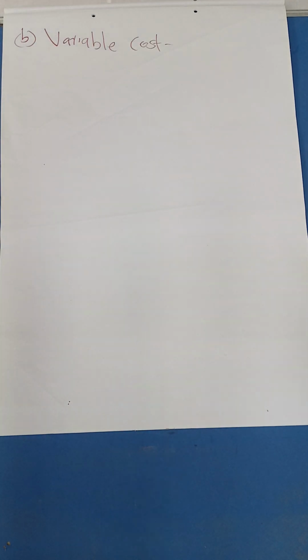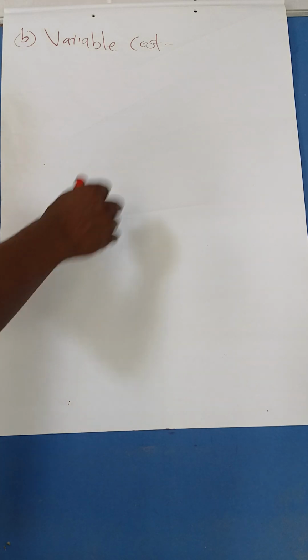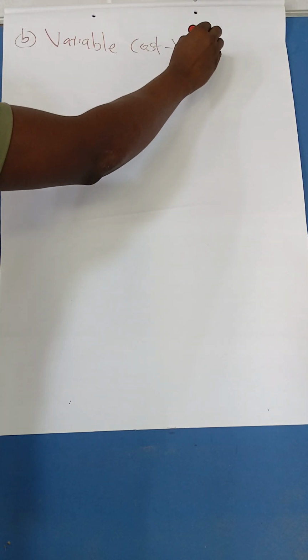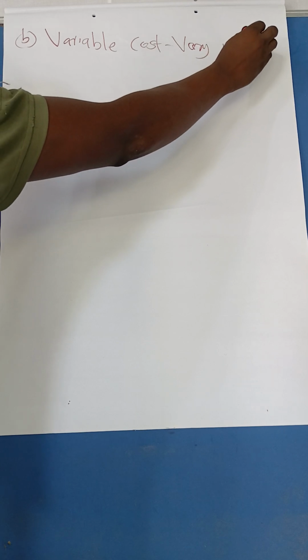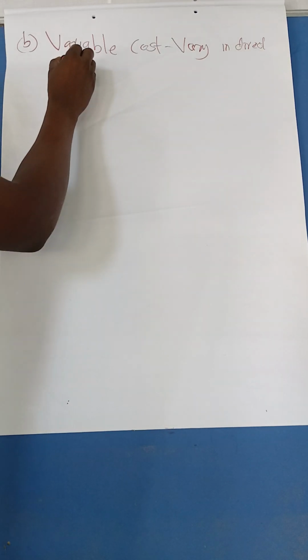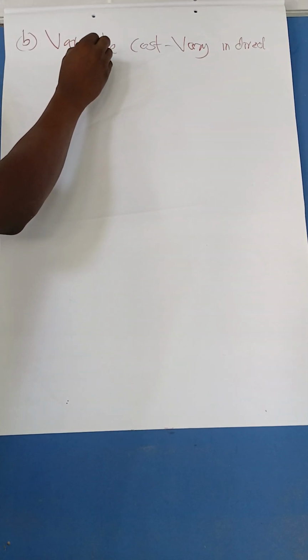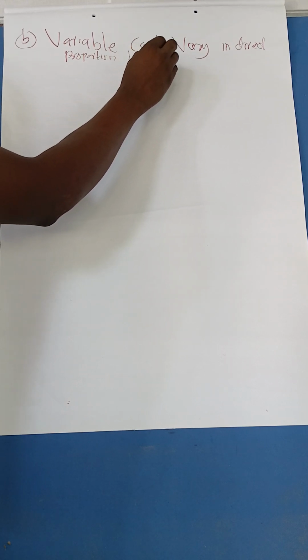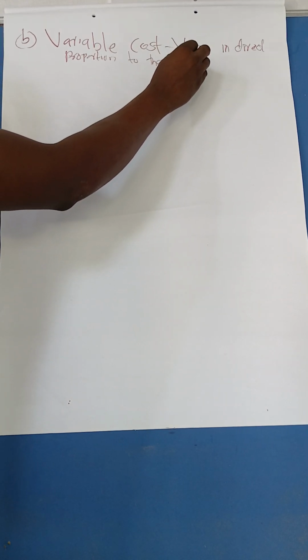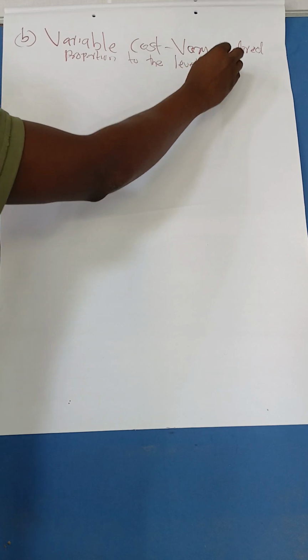Good. Variable cost, in this case, we always say that these are costs that vary in direct proportion to the volume of output. They vary in direct proportion to the level of output.